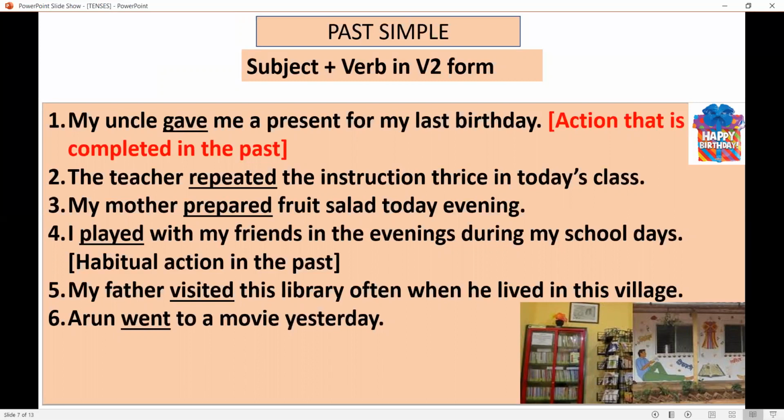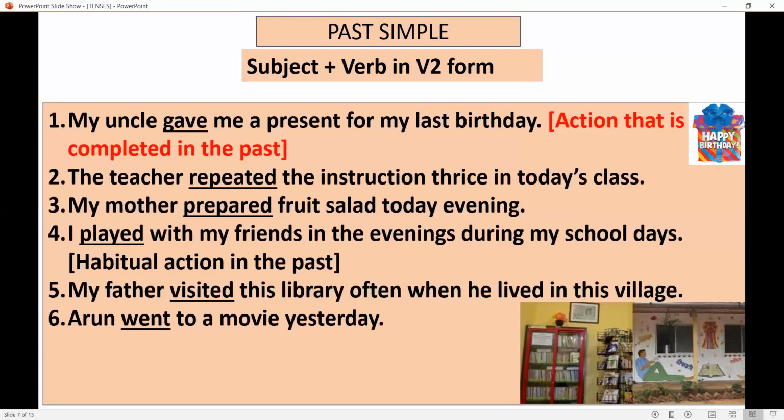You're talking of maybe you started going for a job and you are just recalling the days of your school days when every day you used to go for playing. Another example, my father visited this library often when he lived in this village.